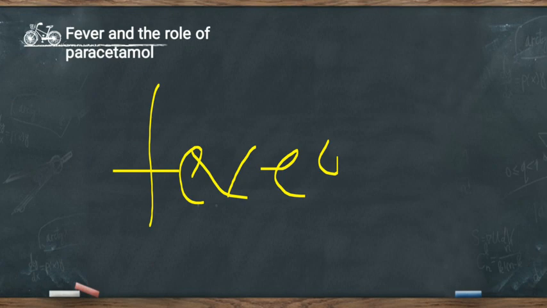When a pathogen invades the body, it secretes a very toxic chemical known as pyrogen. They go to the temperature control center in the hypothalamus, and the body core temperature is set at a higher temperature, and the body continues to feel cold until that temperature is attained.